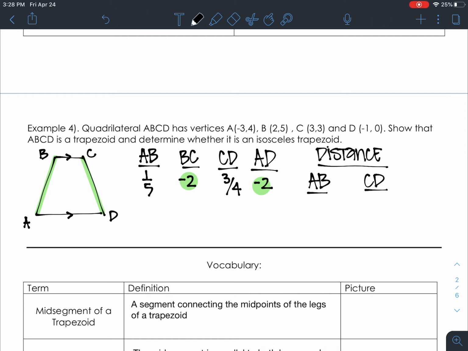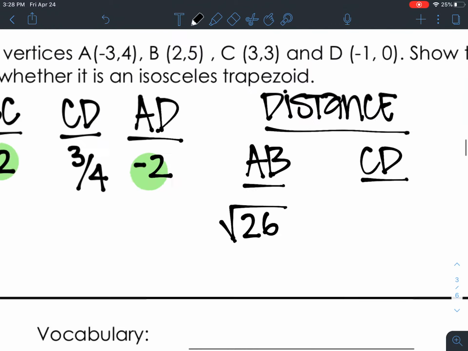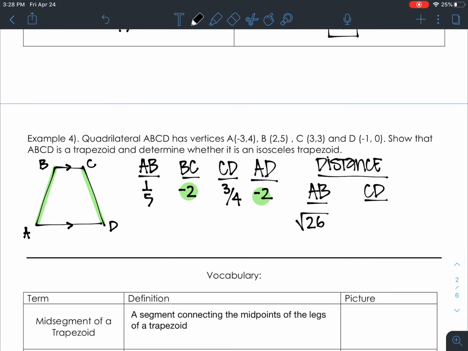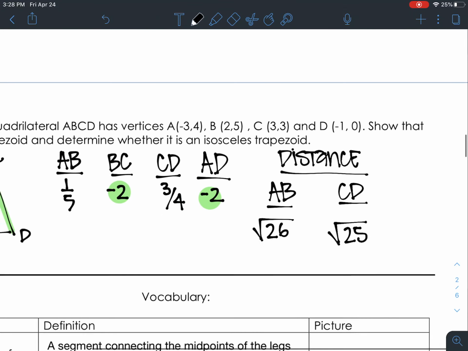To do that, you're going to use your distance formula. If you work through this, for AB you're going to get the square root of 26. And then for CD, you're going to get the square root of 25, which is 5.